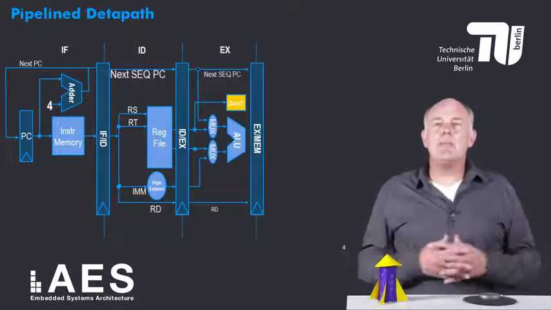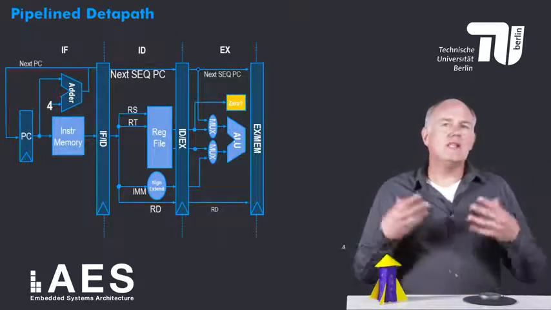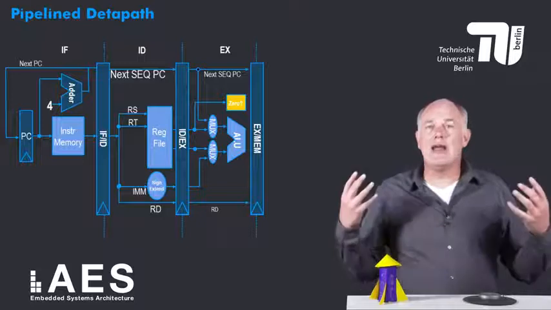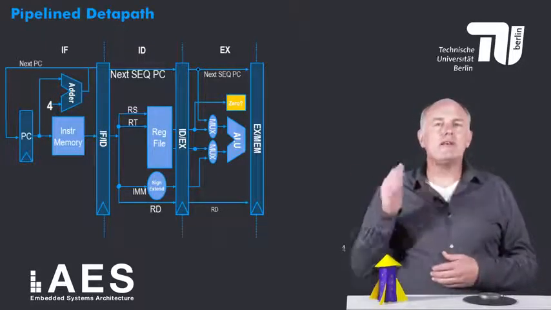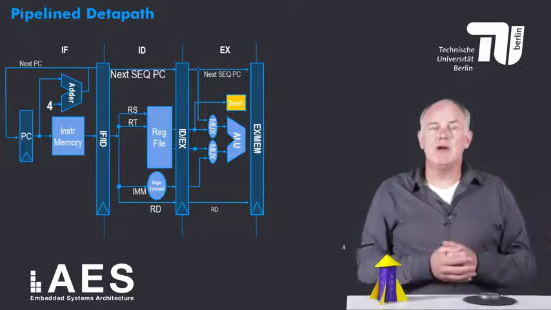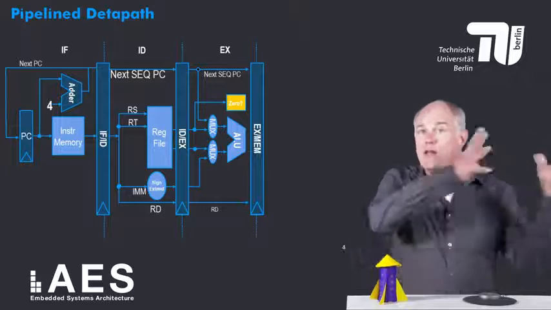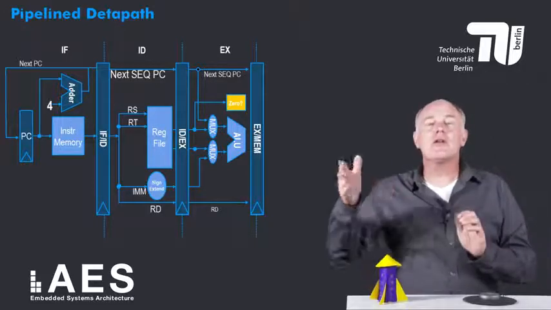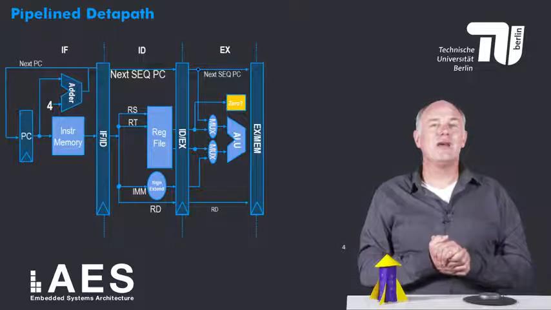This part of the data path corresponds to the execute stage. The operation the arithmetic logic unit or ALU performs depends on the instruction type. For R-type instruction, it performs the operation specified by the function field. For loads and stores, it computes the effective address by adding the base register RS read in the previous stage to the constant immediate sign extended in the previous stage.